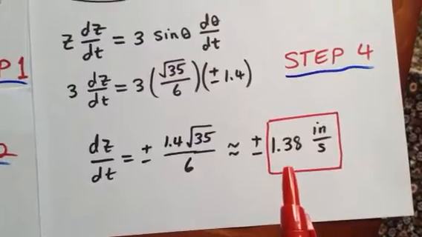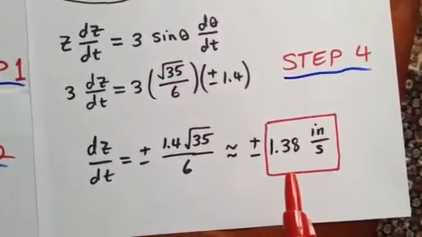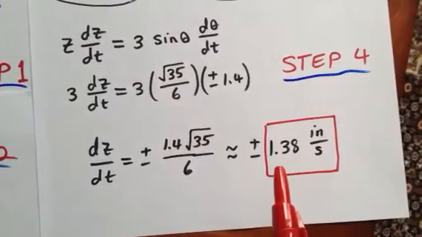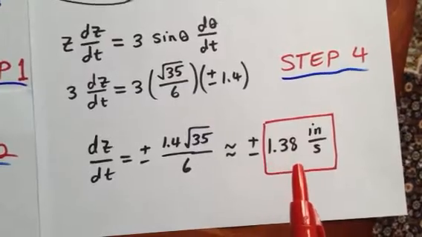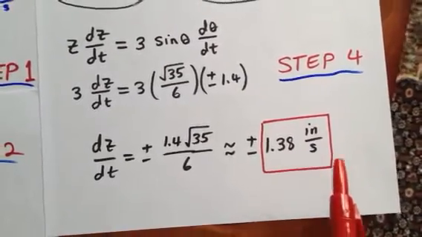So at the moment the distance between the ant and the point P is 3 inches, that distance is changing at this rate, 1.38 inches per second approximately.